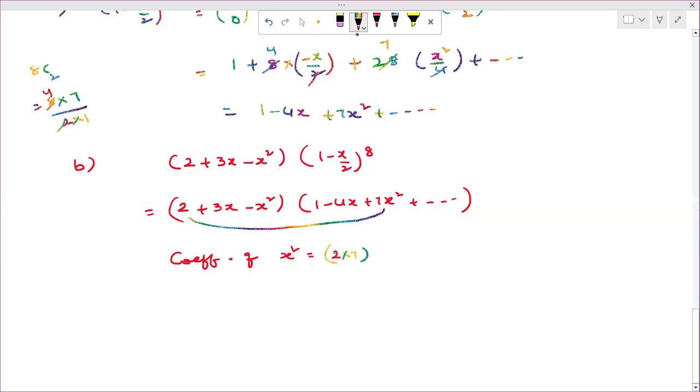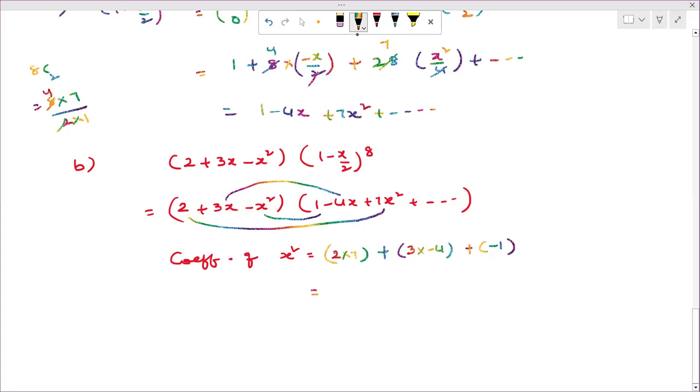If I multiply 2 into 7x square, you will be getting x square only. So 2 times 7, plus 3x into minus 4x, which is minus 12x square. So 3 into minus 4, x square only. And if I multiply x square into 1, so minus 1. Whatever is required, multiply that; no need to multiply each and everything.